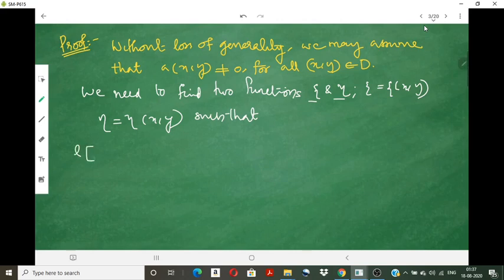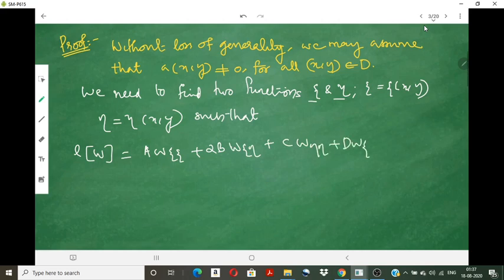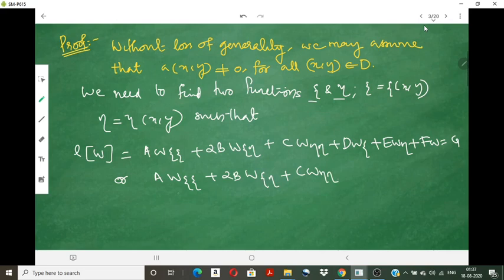We have already written the transformed equation's form by that lemma as A W theta theta plus 2B W theta eta plus C W eta eta plus D W theta plus E W eta plus F W equal to G, or in the simpler form it is A W theta theta plus 2B W theta eta plus C W eta eta, the second order terms, plus L1 of W is equal to G. Let this be equation number 2. Okay, so this is the transformed equation.